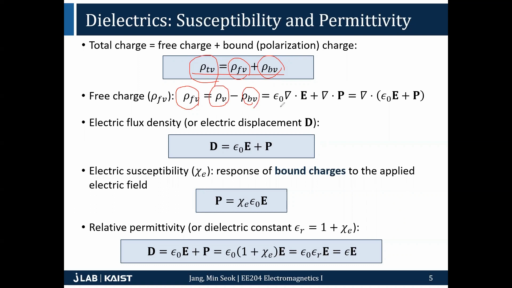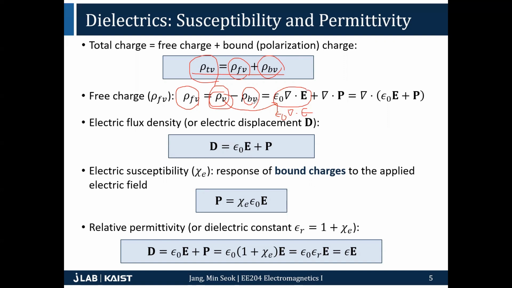The total charge by Gauss's law looks like this, right? Epsilon 0 divergence of E, because Gauss's law holds anyway, but you have to take into account all the charges. So that's the total charge.